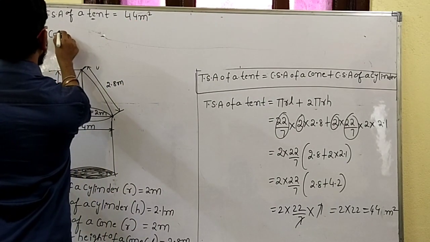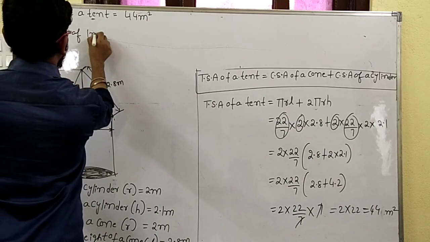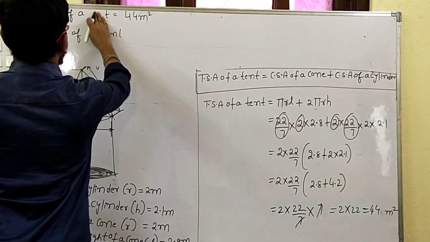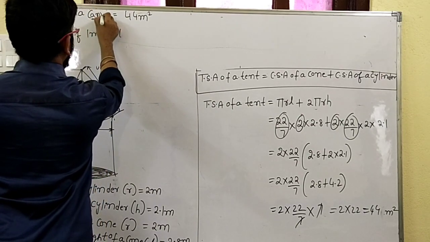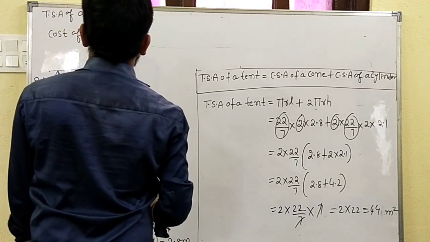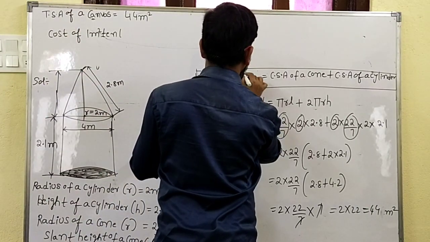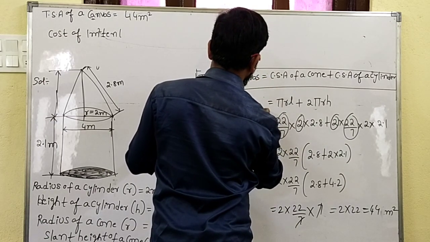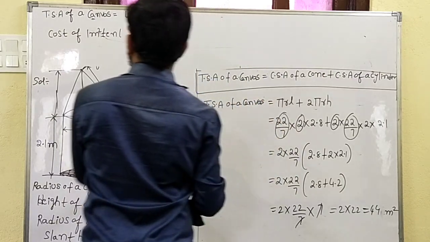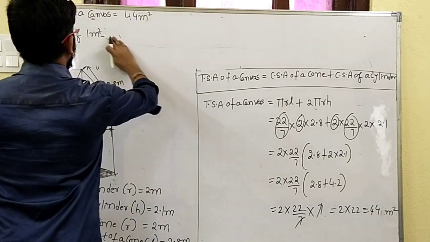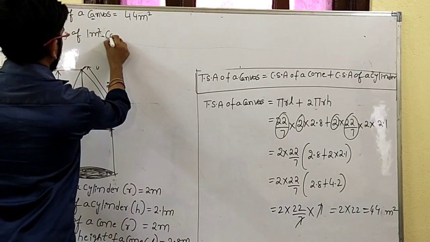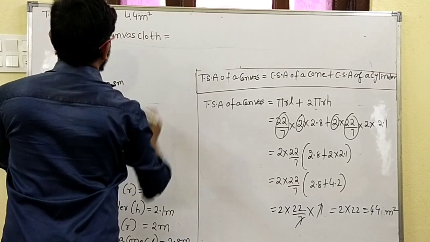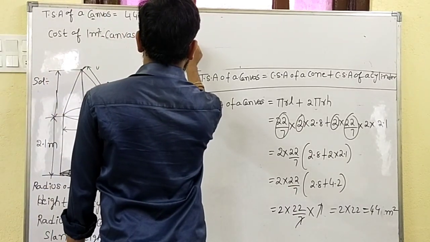Next, if you want to find the cost, they are asking about the canvas, so go with the CSA of the canvas or tent. The cost of 1 meter square of canvas cloth is 500 rupees.